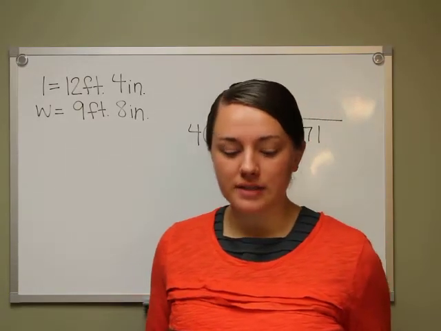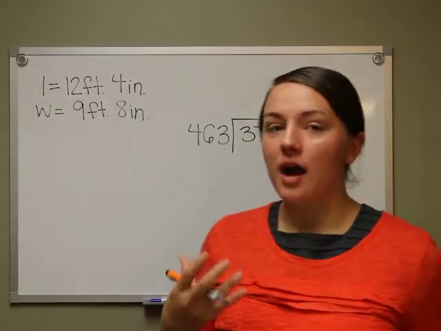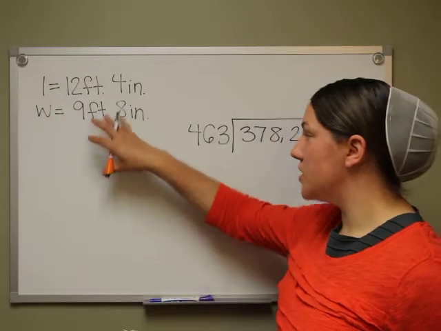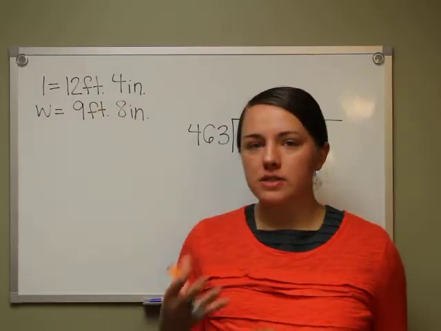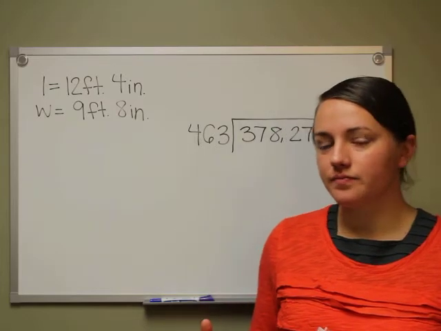reviewing a couple other things. Let's go over how to find the perimeter of a rectangle. I have the dimensions here on the board, but first of all, what is our formula for finding the perimeter of a rectangle?